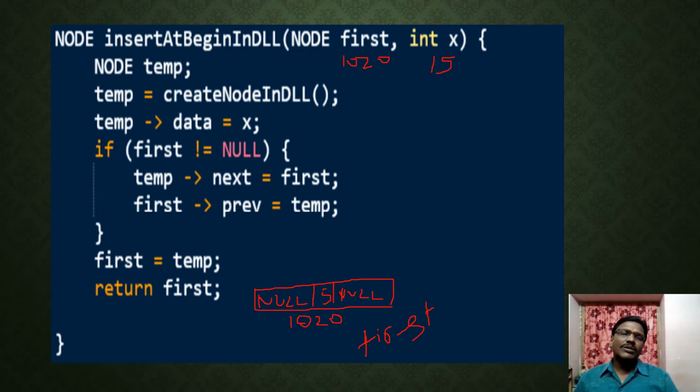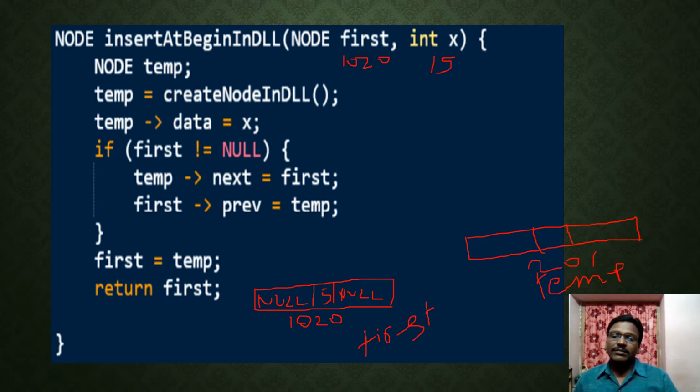Now temp is created with create node in doubly. It means again allocate the memory to temp. 2010 is the address, and by default it stores null values.